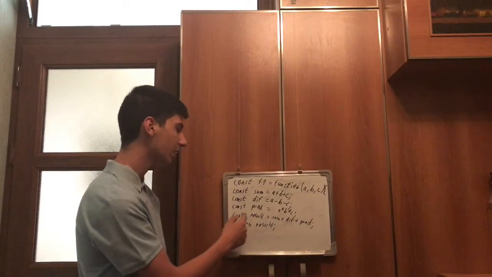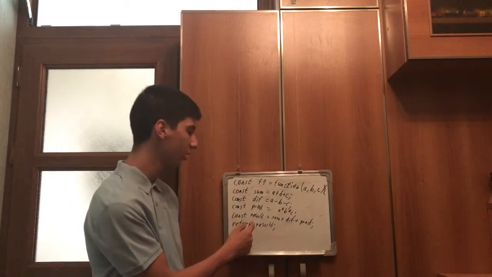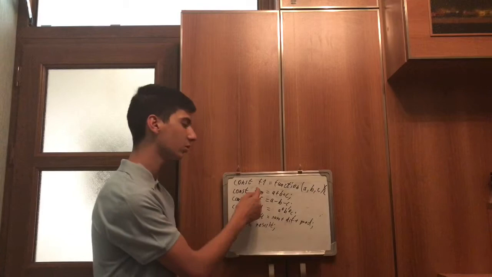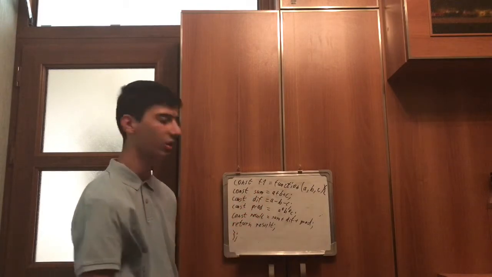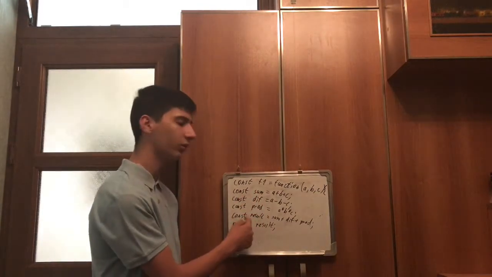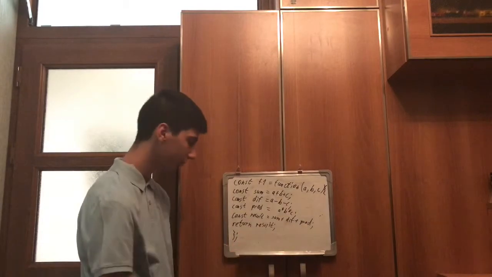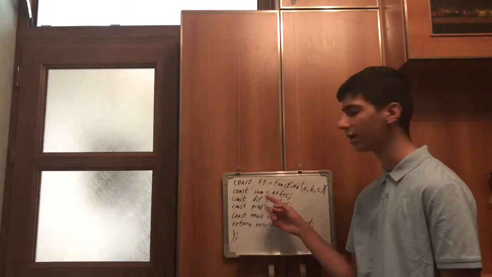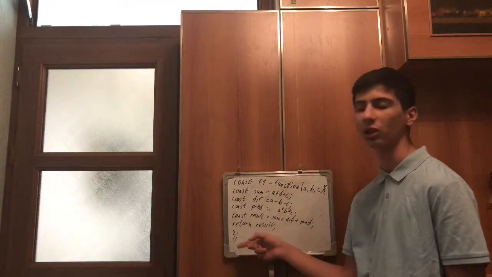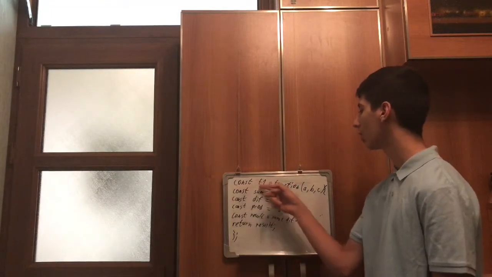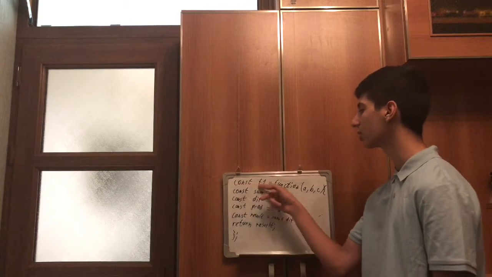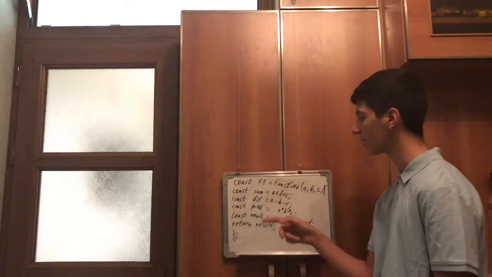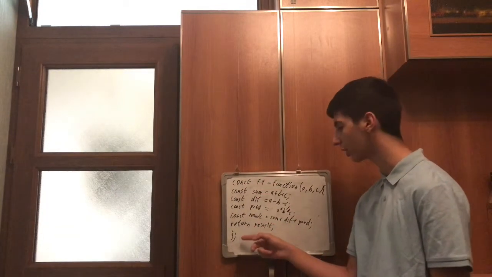And the final one is the variable result, which sums up our three variables inside the function and returns the variable result. By the way, it is very important to close our functions with a semicolon, because our function is inside the variable, so this is a variable and variables must be closed by a semicolon.